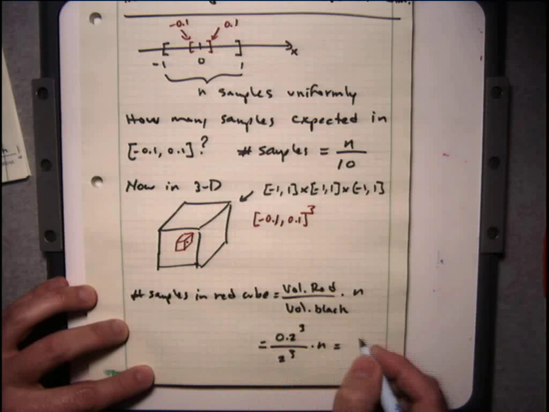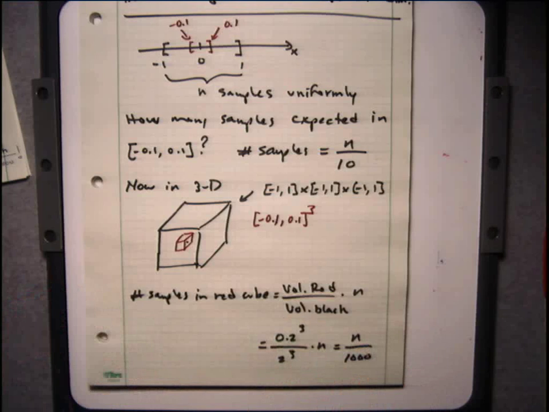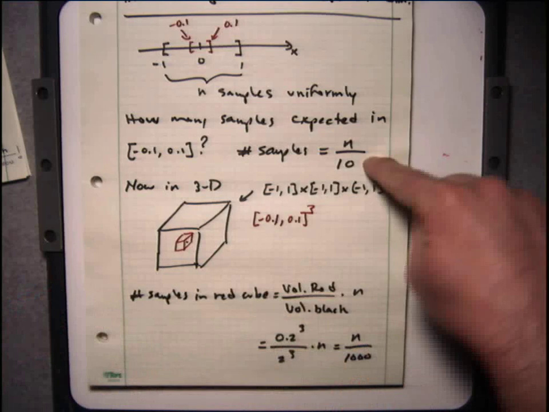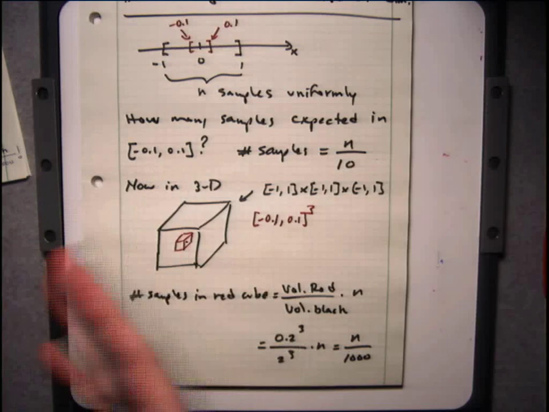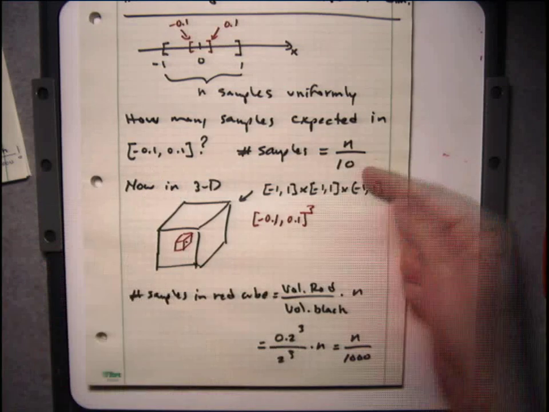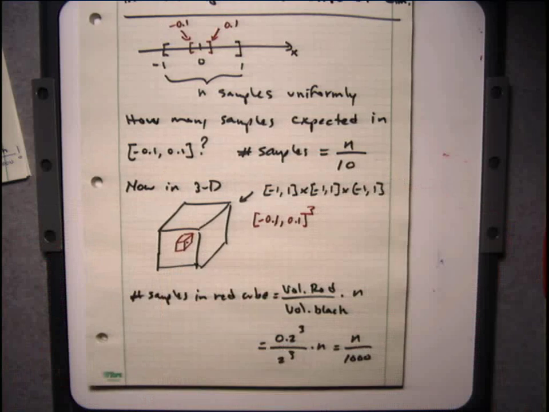And if you simplify this, you get n divided by 1,000. Okay? So in here, the number of samples you could expect in a subinterval of basically the same proportionate size was n over 10. Here, the number of samples you can expect in this guy is n over 1,000. Why? Because there are more dimensions, so you can expect fewer samples.